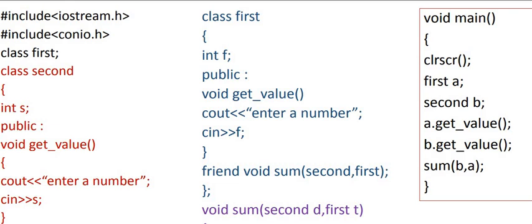So class first, and again here I have a get value, and again I have a friend function, the same friend void sum second comma first, as it is taking two objects as arguments, two objects from two different classes. That is the reason why the friend function sum is declared in both the classes. I need to declare it in both the classes because I am using the object of one and object of another.